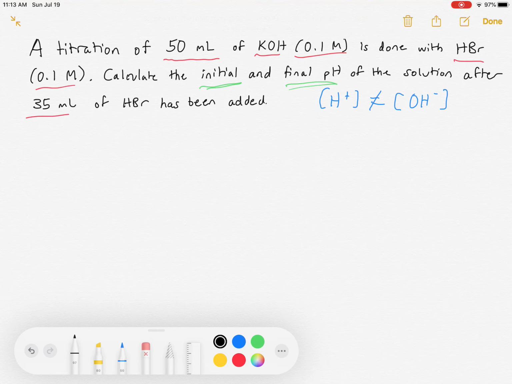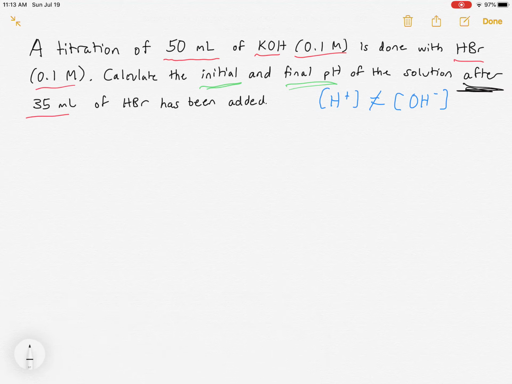If we read the question again, we see a titration of 50 milliliters of potassium hydroxide is done with hydrobromic acid, calculate the initial and final pH of the solution after 35 milliliters of hydrobromic acid has been added.